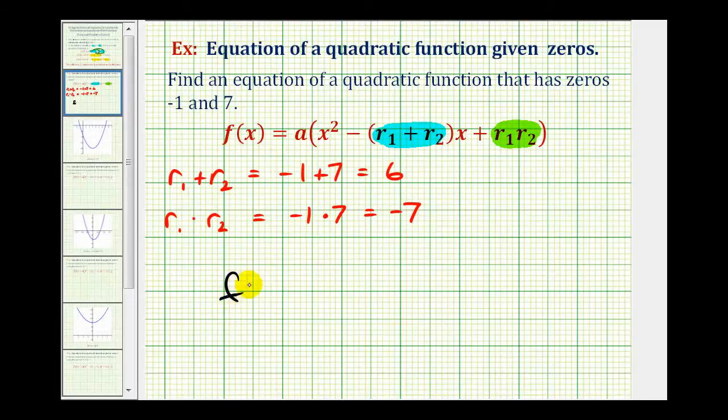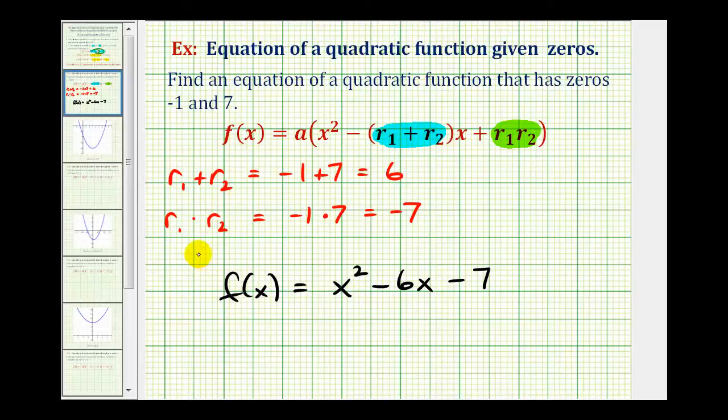So this is all we need in order to find a possible quadratic function. We'll have f of x equals, again, a is equal to 1, so we can just drop these parentheses. We'll have x squared. Now notice that r sub 1 plus r sub 2 is +6, so we're going to have minus 6x. So our coefficient is really -6. And then we'd have plus our product, which is -7, but instead of plus -7, let's just write -7.